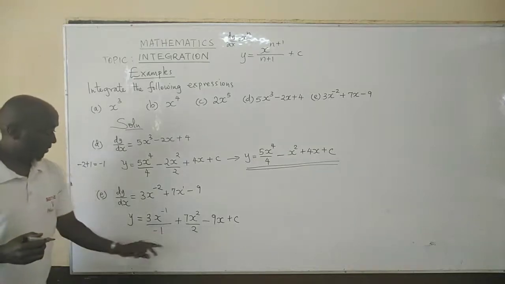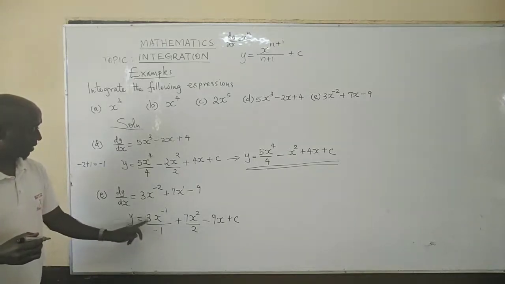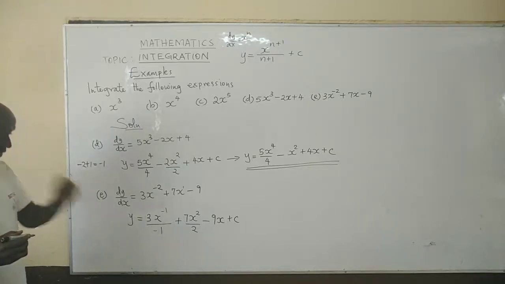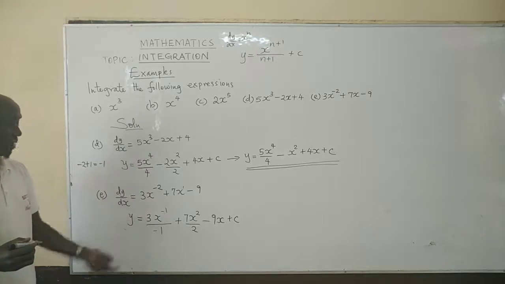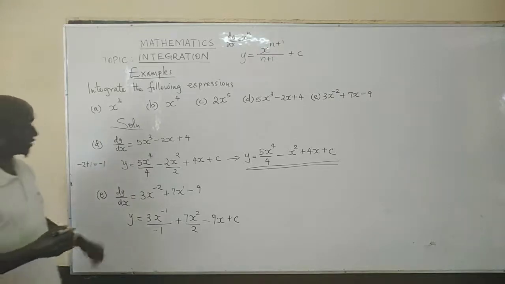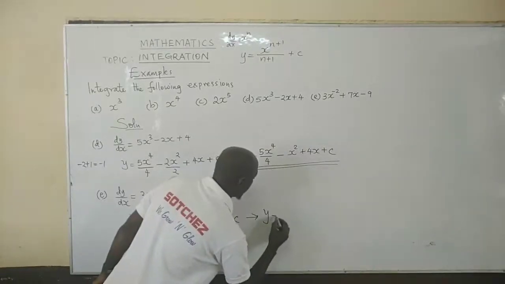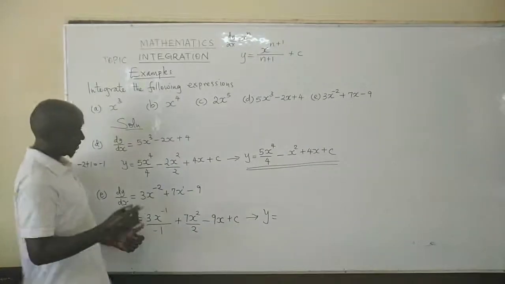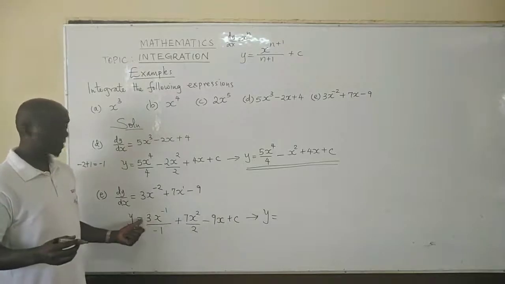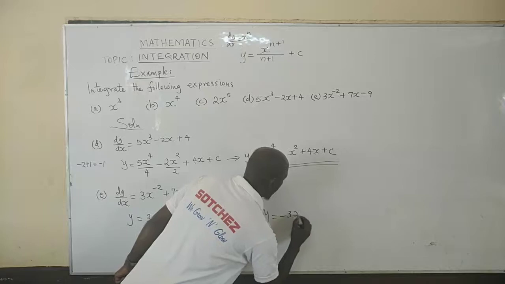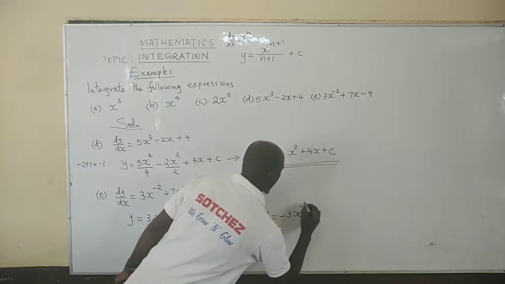You can simplify this, especially here. We have dividing by negative 1. Dividing by negative 1 is the same as multiplying by negative 1. So you can say the whole of this is the same as y is equal to, instead of writing 3x power negative 1 over negative 1, you just put negative 3x power negative 1.